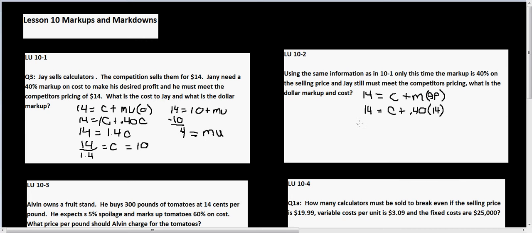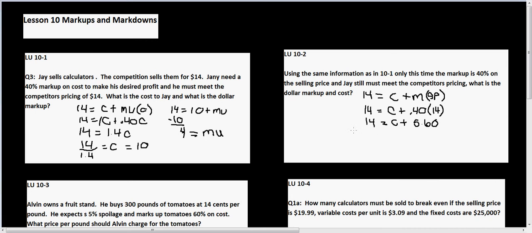Okay, let's simplify this further. 14 equals your cost plus 5.6. To isolate that C, or that cost, we have to subtract 5.6 from both sides of the equation.